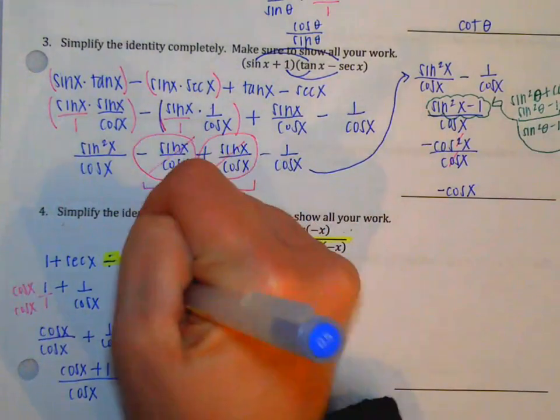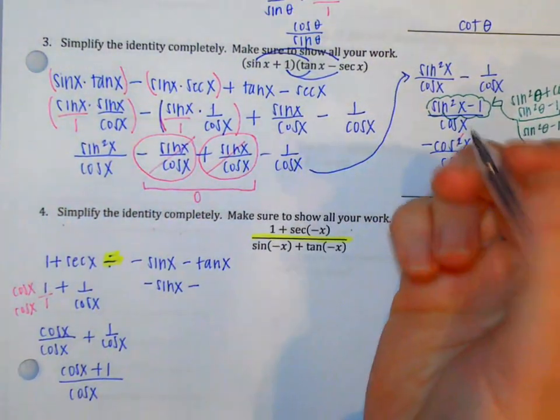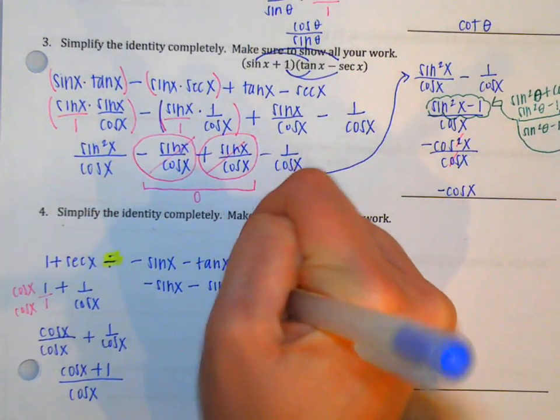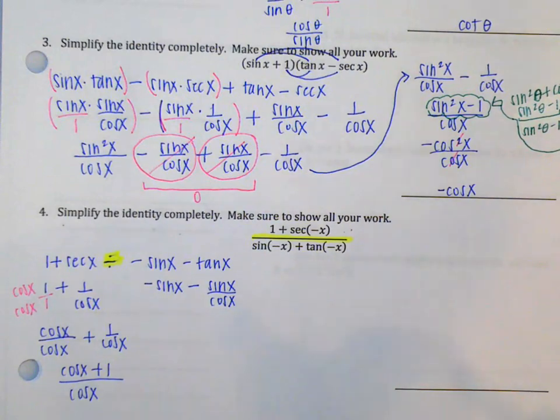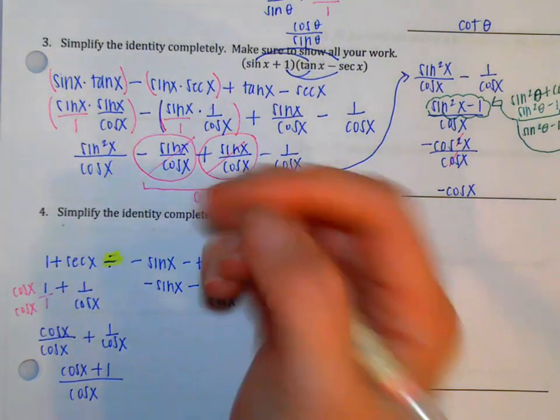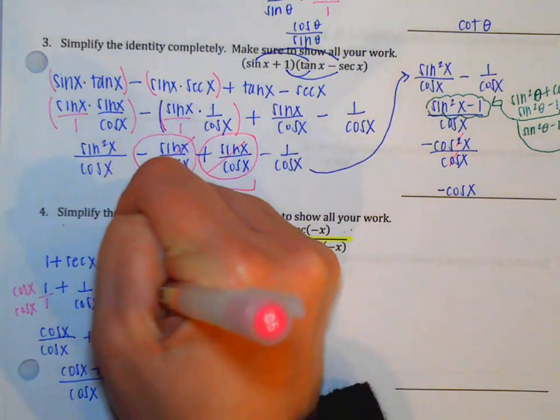So I have negative sine x minus, and then tangent is sine x over cosine x. So I'm going to do the same idea and combine it so it's one singular fraction. So I'm going to get a common denominator. My common denominator between 1 and cosine is cosine.